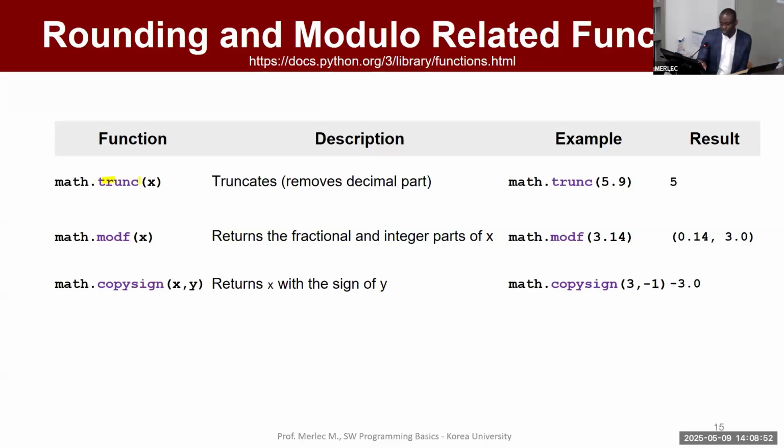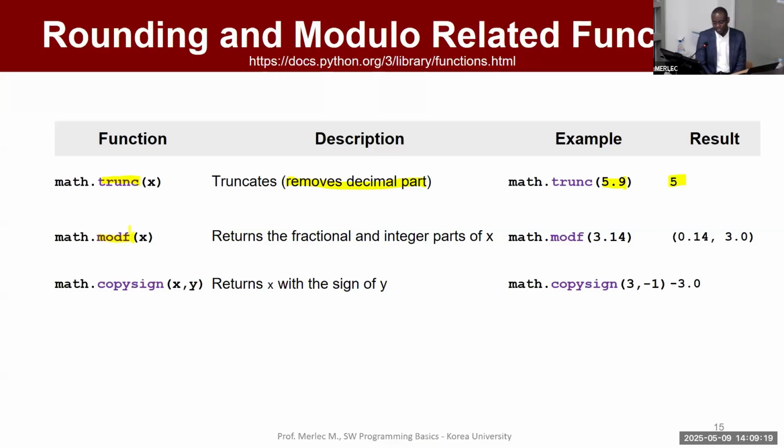You can also use the trunc function, which truncates by removing the decimal part of a float number. For example, in this example, I have 5.9. So using the trunc function, it returns only the integer part of the number.